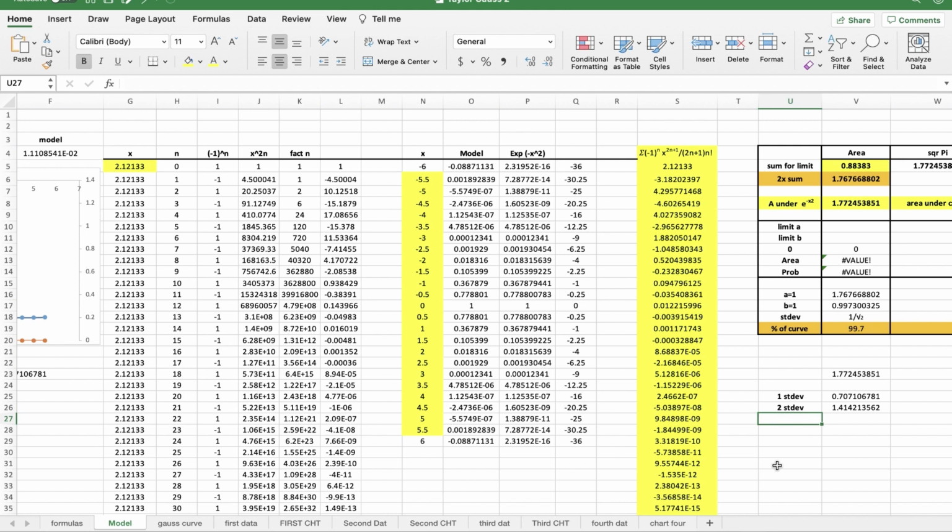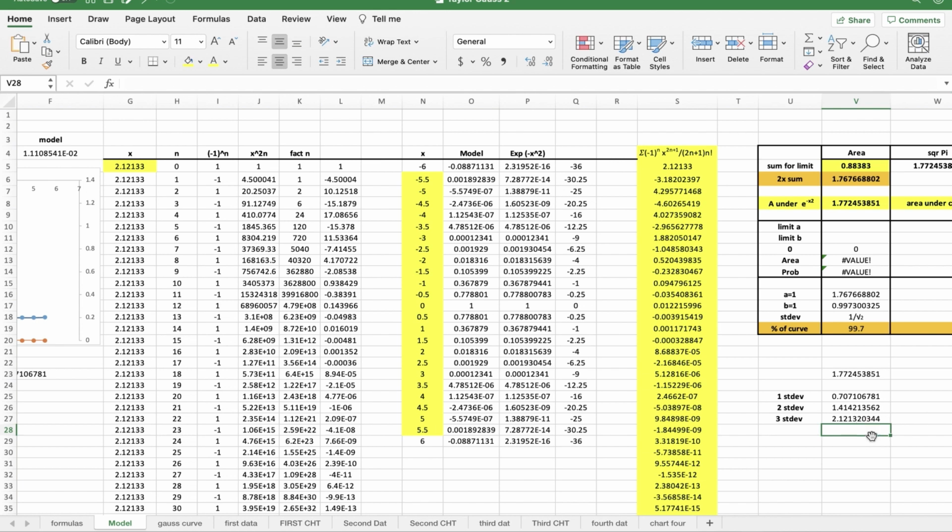And then 3 standard deviations is equal to 3 times 0.707, and that's 2.12.